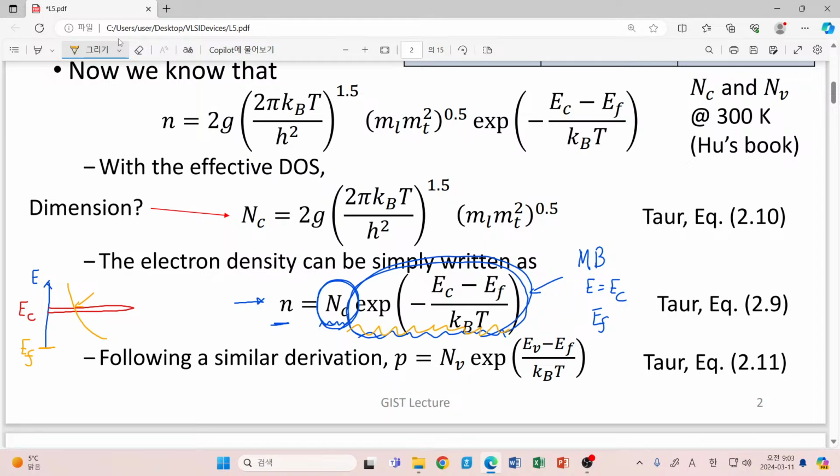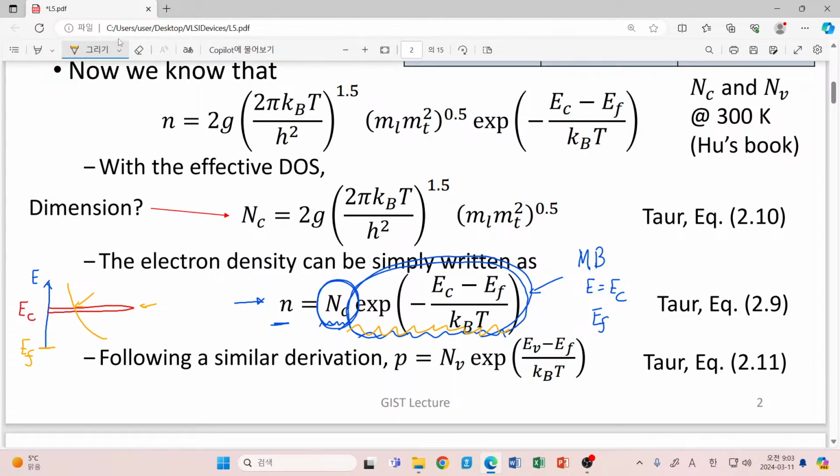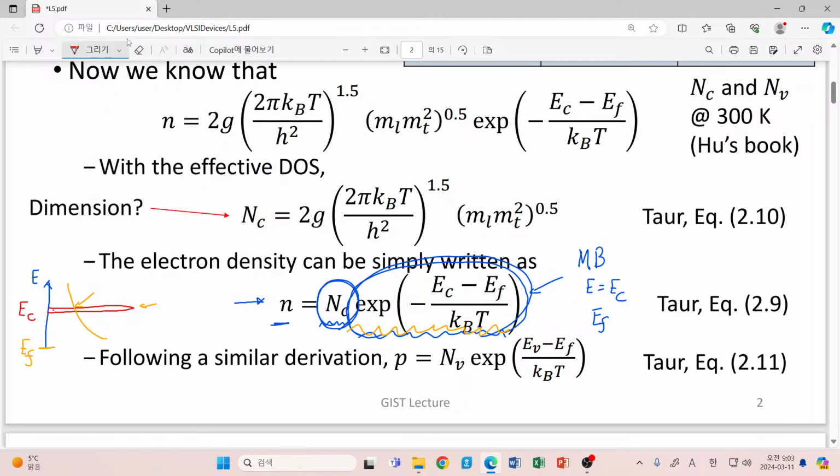In reality, our conduction band states are not concentrated at this EC, the conduction band minimum point, but are highly distributed. But by assuming a certain temperature, we can also expect such a distribution function.